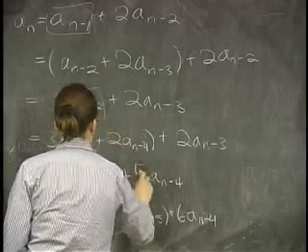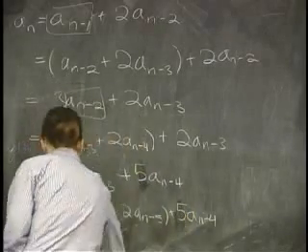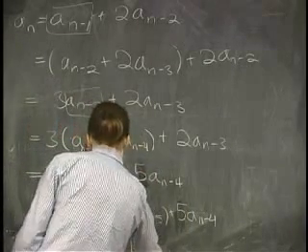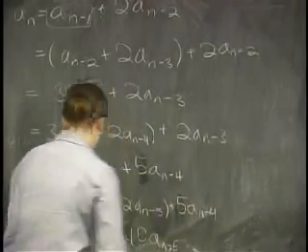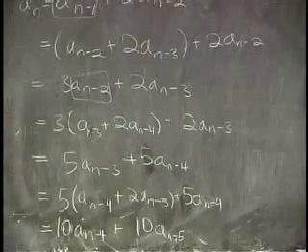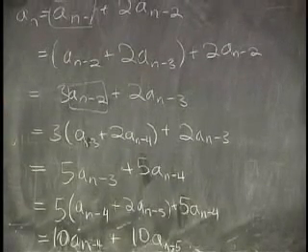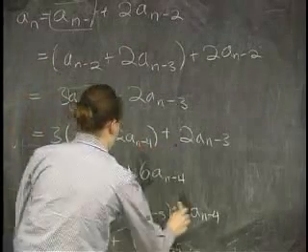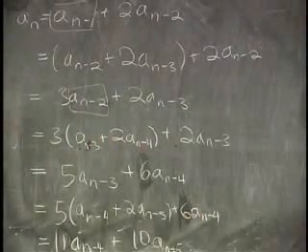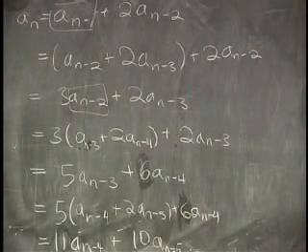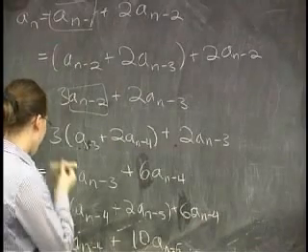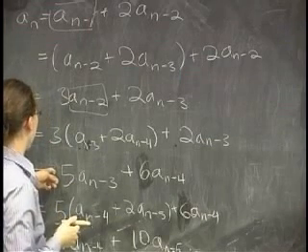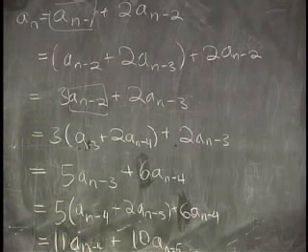It's not, because I added wrong. 10a_{n-4} plus 10a_{n-5}. Not 6. Had I done that right? Isn't it 3a_{n-3} plus, oops, oh, this is 6. Okay, so I was hoping we'd see a pattern at this point, and I don't. At this point, of course, I saw a pattern, but then it went away, so that's too bad.